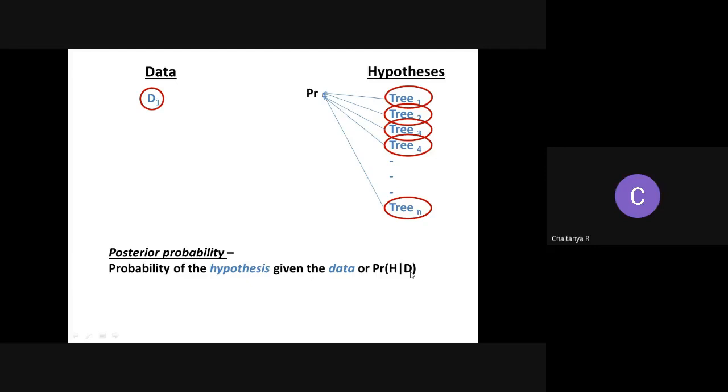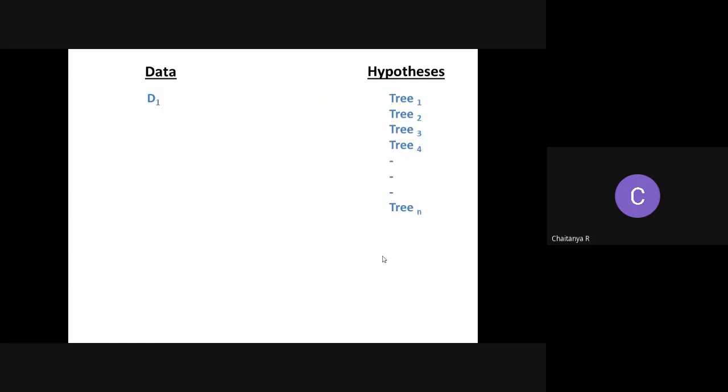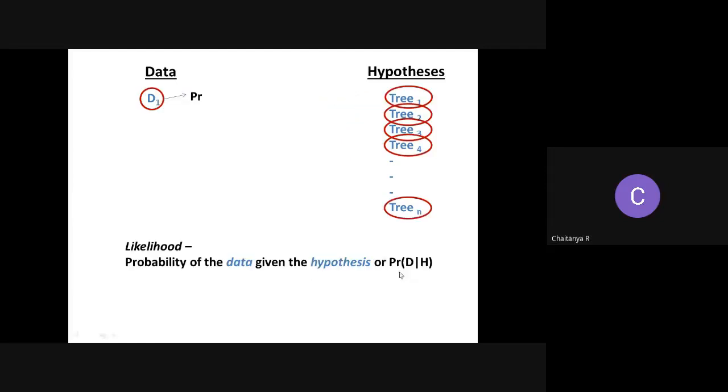And what would this be in maximum likelihood? I'm just going back to the previous slide. In maximum likelihood, it's the probability of the data given the hypothesis. So likelihood assumes that for tree 1, tree 1 is the right hypothesis, and it tries to calculate the probability of getting the data that you have given tree 1.